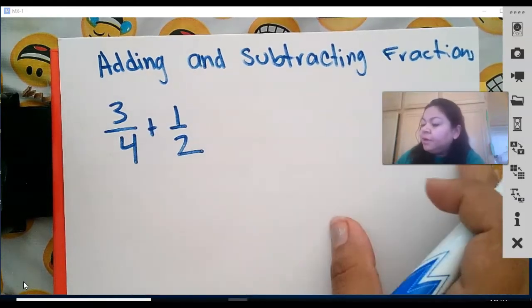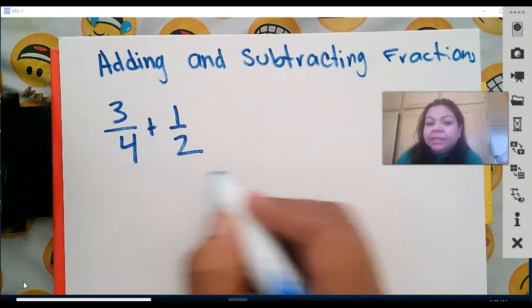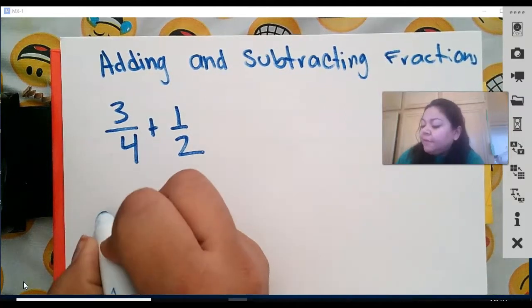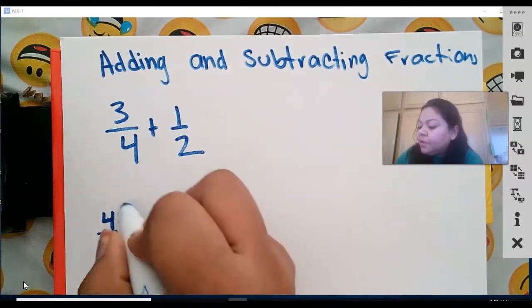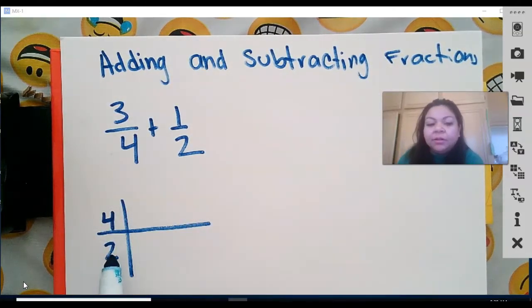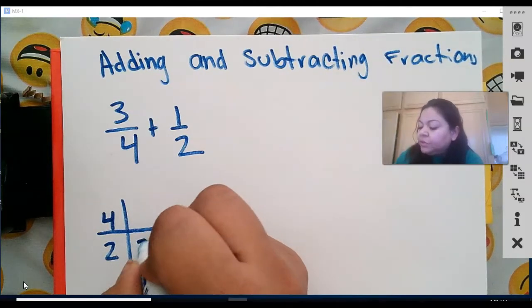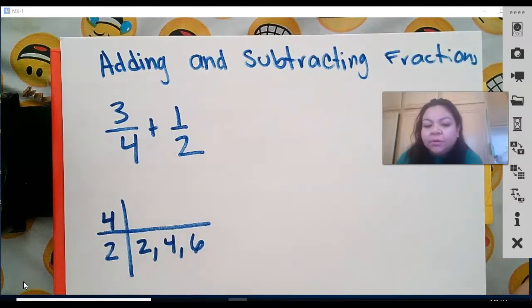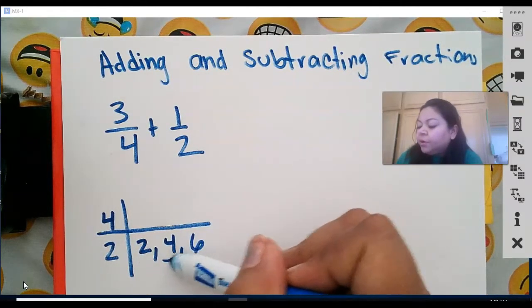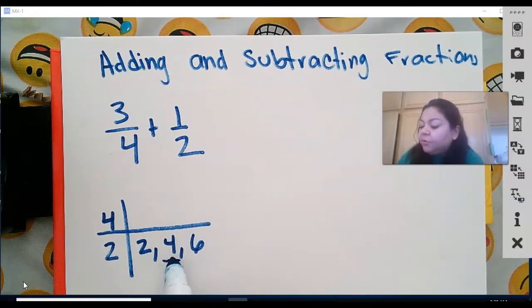Well, let's start by finding the multiples. I'm going to find the multiples of 4 and the multiples of 2, starting with my smallest number. So I'm going to list it: 2, 4. I don't have to keep going if I already see that there's one common here, because the 4 and the 4 match.